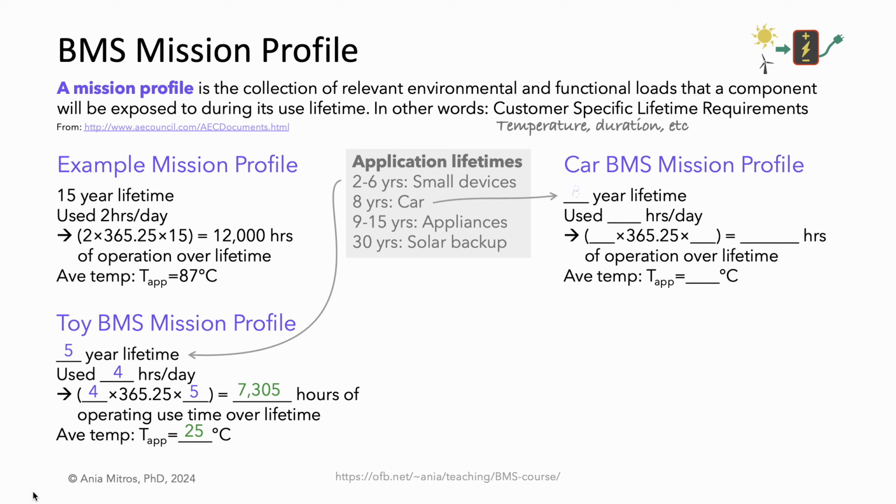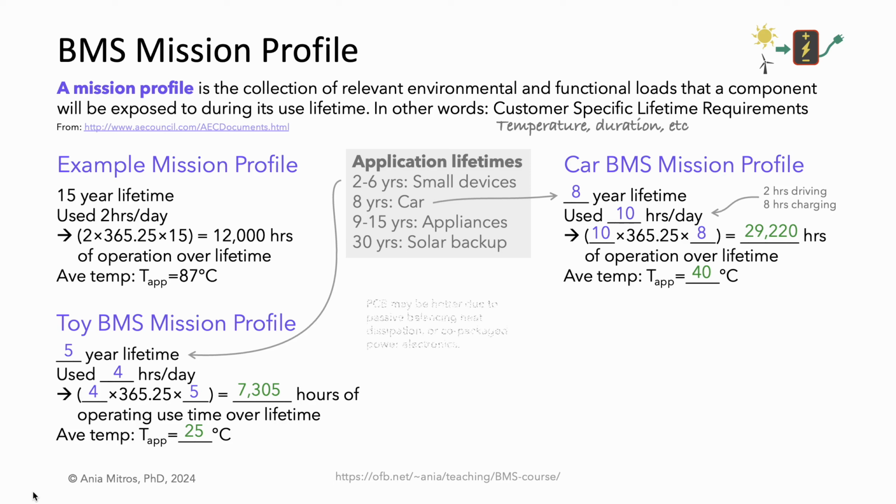A car BMS is another story. The longer lifetime and more hours of daily use bump up the operating hours to nearly triple that of the example. However, lithium-ion batteries shouldn't be operated above about 45 degrees centigrade.